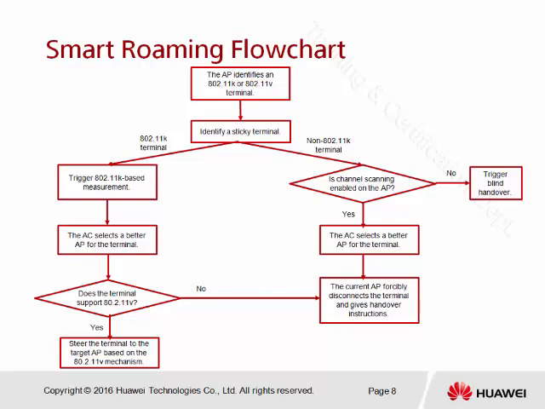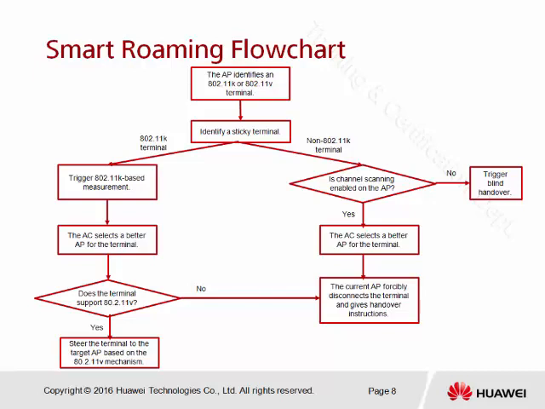For a terminal that supports 802.11k, the AC will start to check with every single AP that can connect with the terminal. They check every AP and choose the AP that can provide the better signal strength to the terminal.